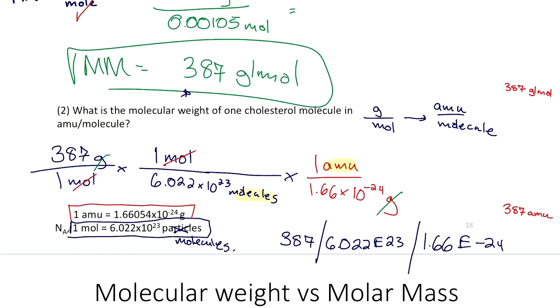You should already know what you get, but I want to prove it to you, that the periodic table is both in AMU per atom and gram per mole. Do you get 387? Yay! Isn't that satisfying? Okay, so it works both ways.